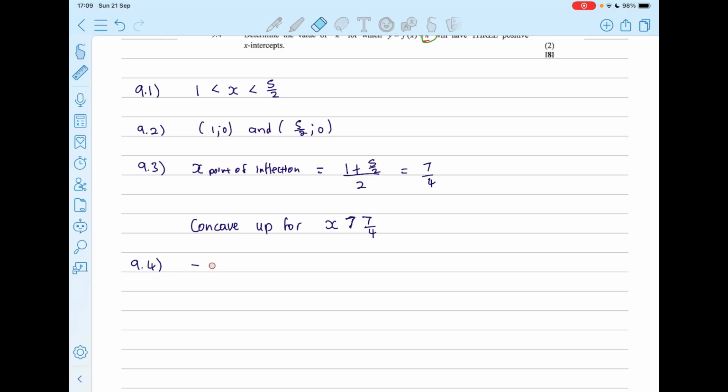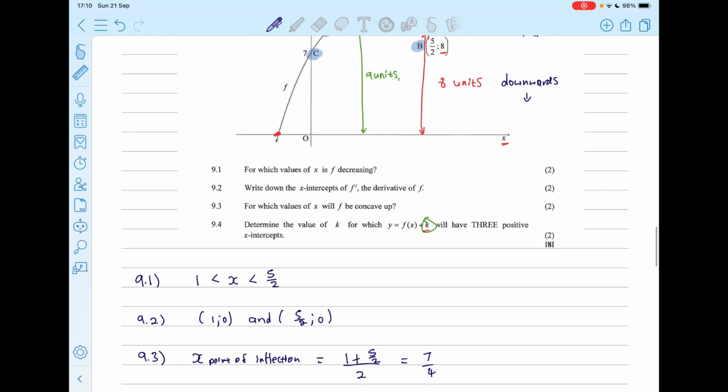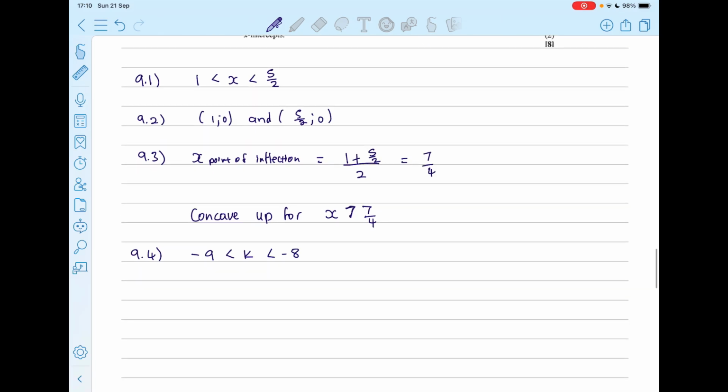Well, -8 is bigger than -9, so that means we write -9 first and then -8. We can't let it be equal to 8 or 9 because, again, that's when I said that we will have 2 x-intercepts whenever the x-axis is touching the turning point, and we don't want that. Okay, that's it for question 9.4.